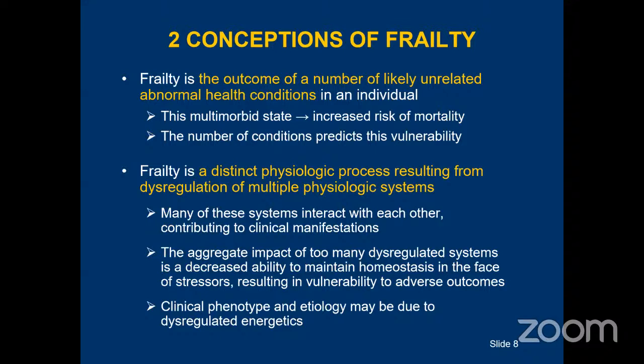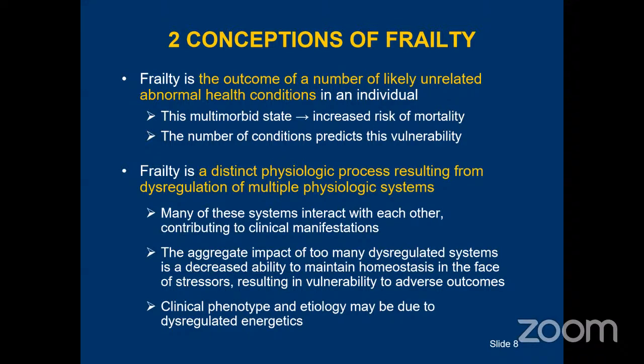So the conception of frailty is the outcome of a number of likely unrelated abnormal health conditions. This patient might be in a multi-morbid state, and this would increase the risk of mortality. The number of conditions predicts this vulnerability, so the important point is the number of conditions. The other point is that frailty is a distinct physiological process resulting from dysregulation of multiple physiological systems.